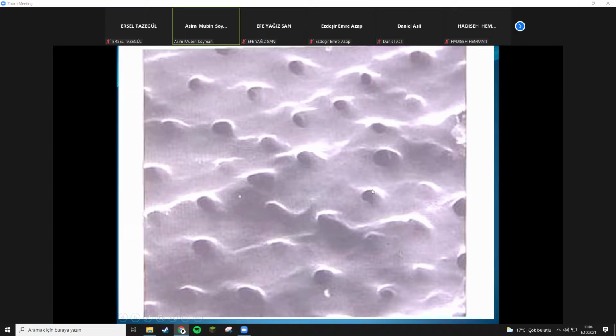It seems lighter in here, but hypermineralized collagen-free dentine surrounds the whole tubuli. It doesn't contain any collagen, but in here it contains collagen and at the same time calcium phosphate. I mean the apatite crystals.